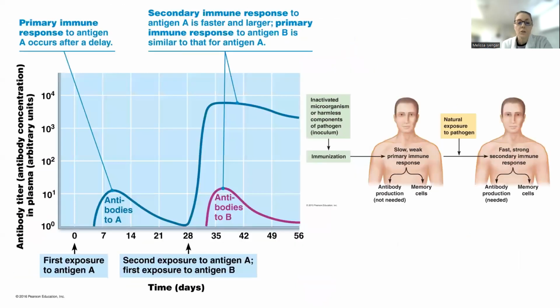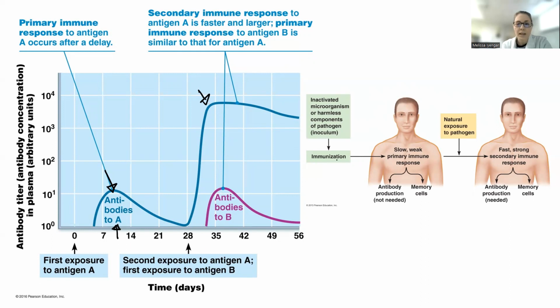So you see that in a normal exposure, it can take upwards of 10 days for antibody production to be high enough to fight off the infection. If you get exposed the second time, your antibody production ramps up within about 3 days, so you're not sick as long.